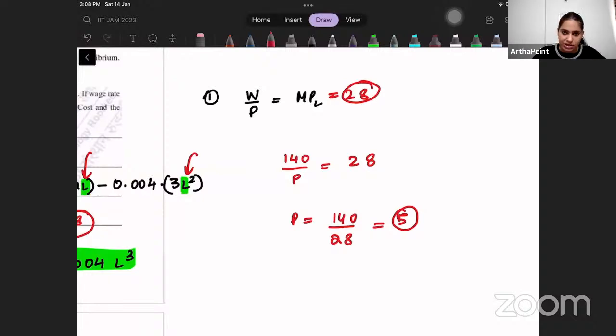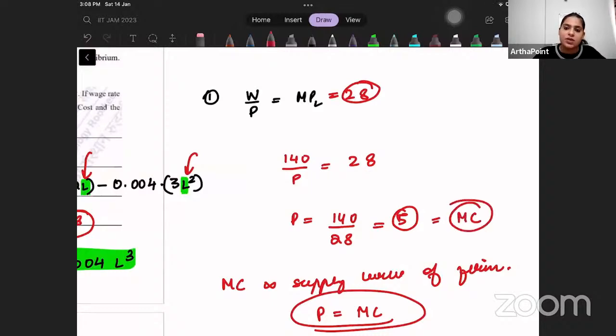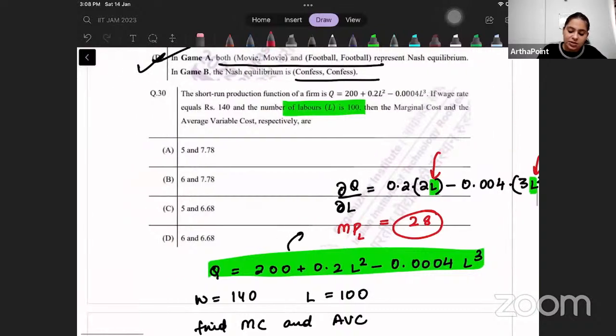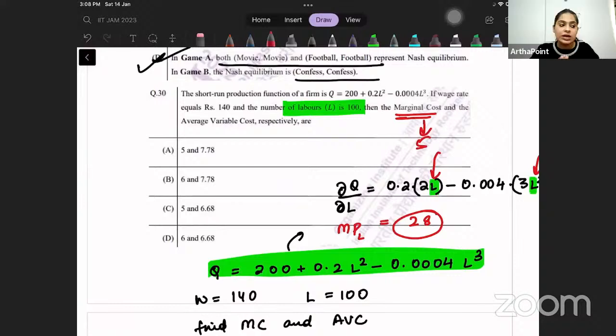We use the property that marginal cost is the supply curve of the firm, which means P should be equal to MC for this firm. So marginal cost will also be 5. We have solved that the marginal cost of the firm is 5.